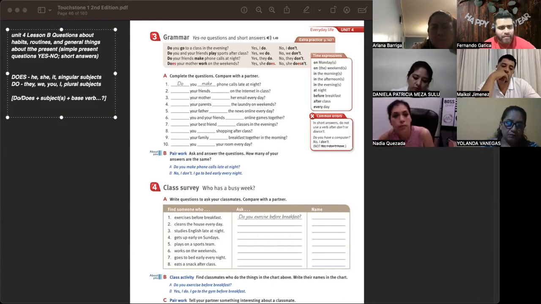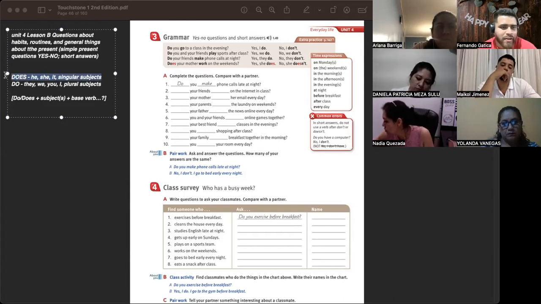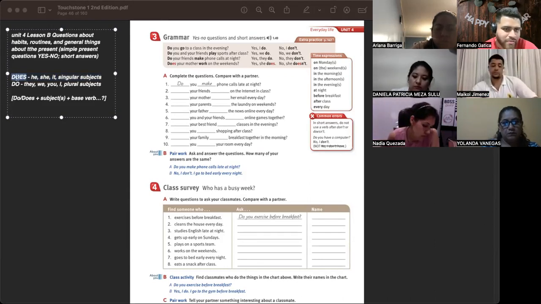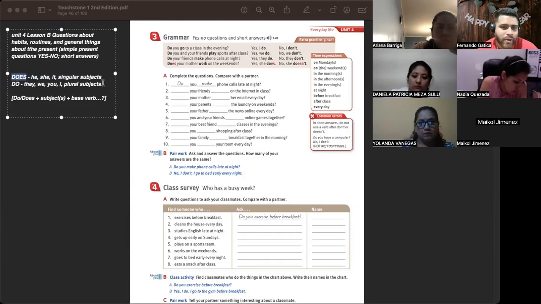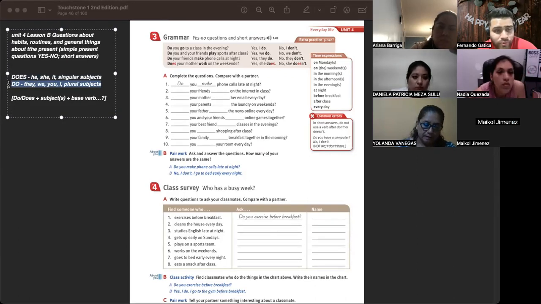Okay. Easy, easy. Los mismos sujetos que se usan con el verbo con S o en oraciones negativas con doesn't, van con does. Y igual los verbos que van con verbos en su forma base en afirmaciones o con don't en oraciones negativas, se usa do. Los mismos sujetos.